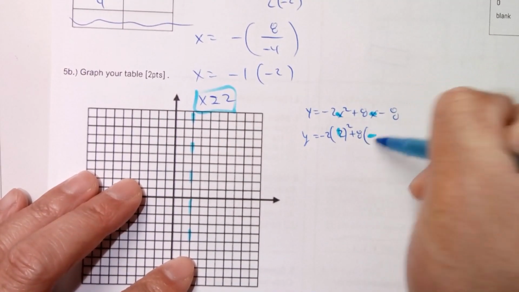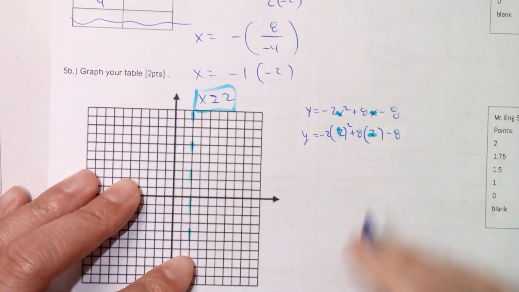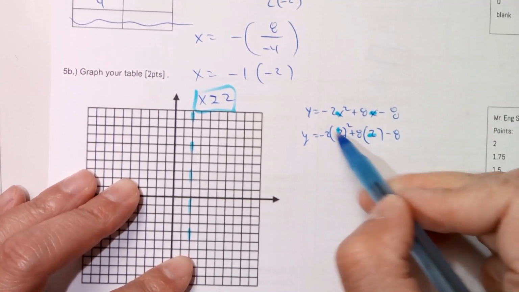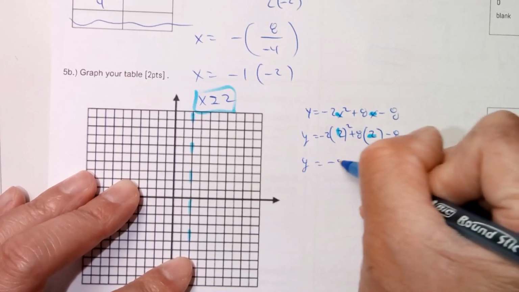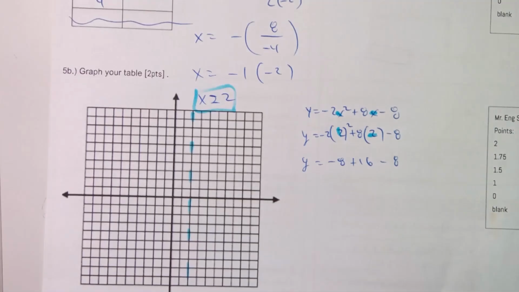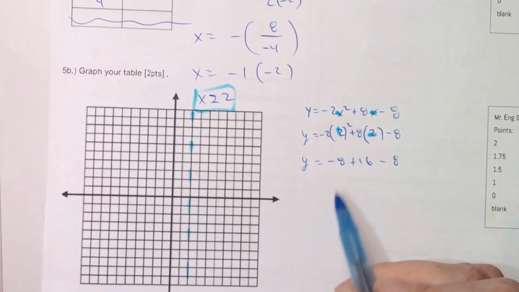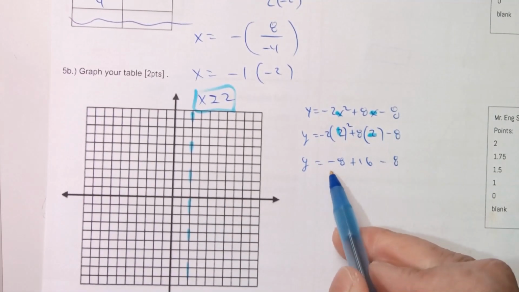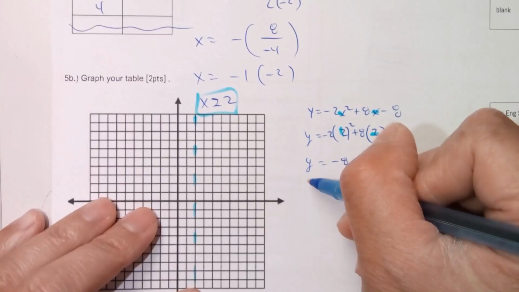Order of operations, so that's 4. 4 times negative 2 is negative 8. This is 16 minus 8. So negative 16, positive 16, so your y value is 0. So my ordered pair would be 2, 0.